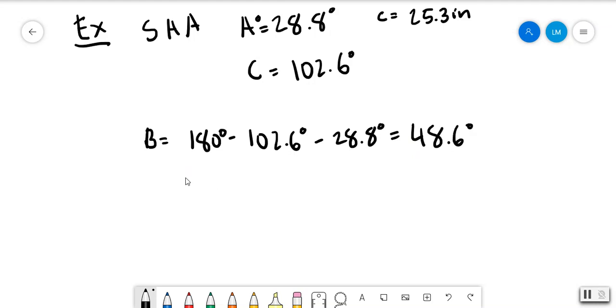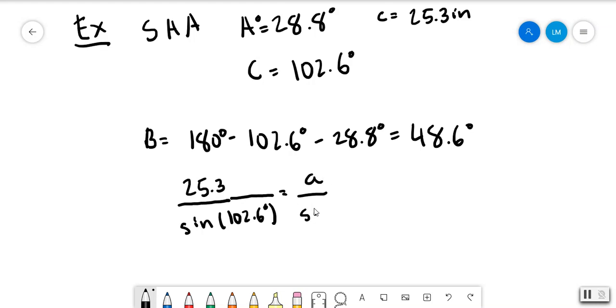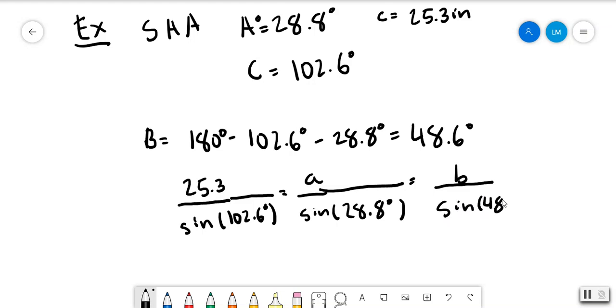The rest of this is using that 25.3 divided by sine of 102.6 degrees is equal to A over sine 28.8 degrees, and that's equal to B divided by sine of 48.6.